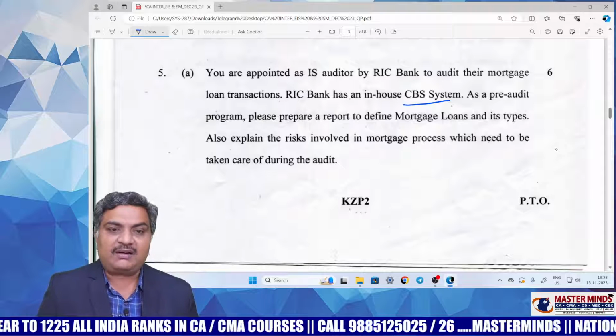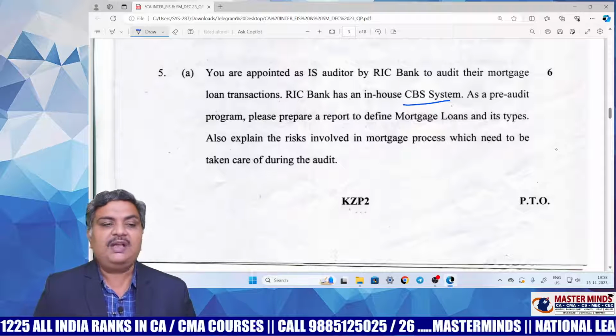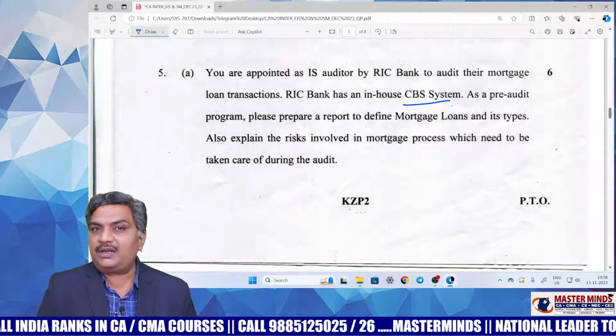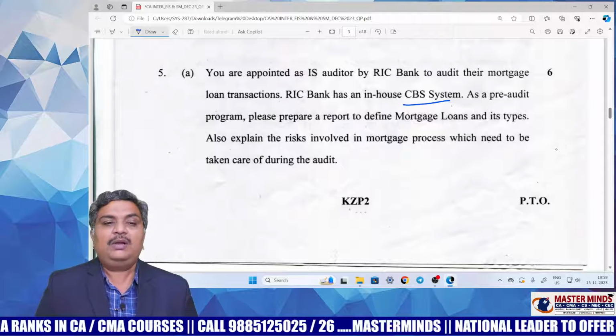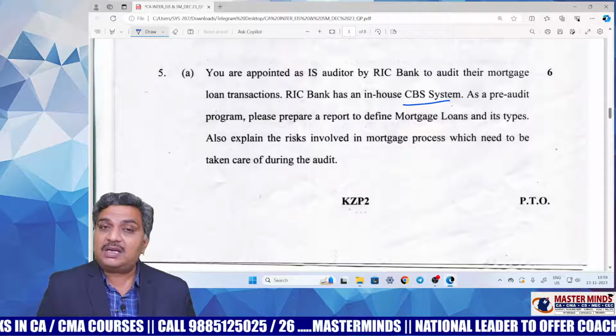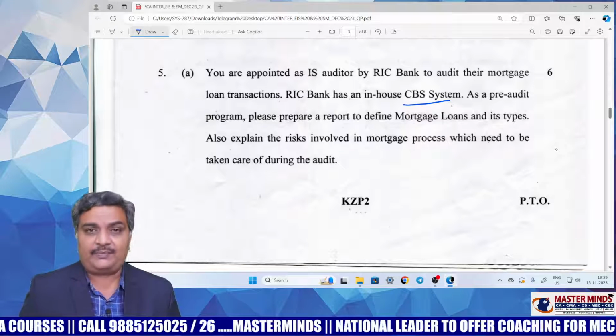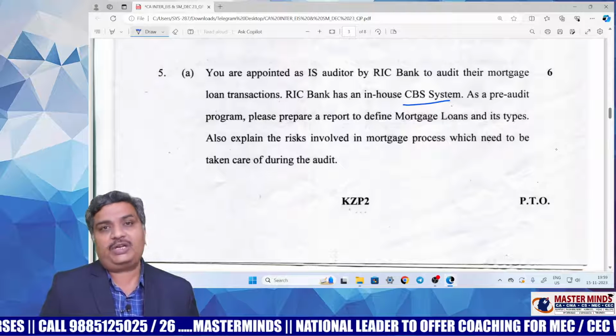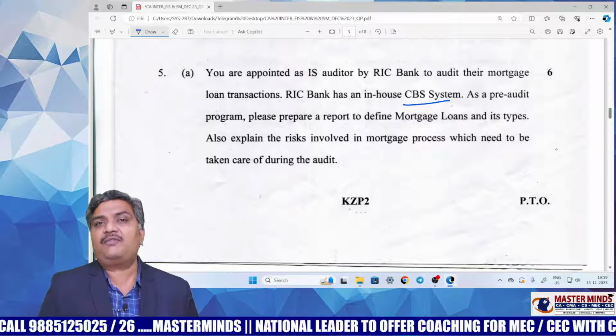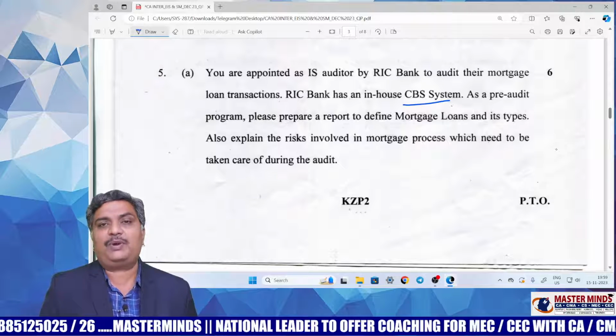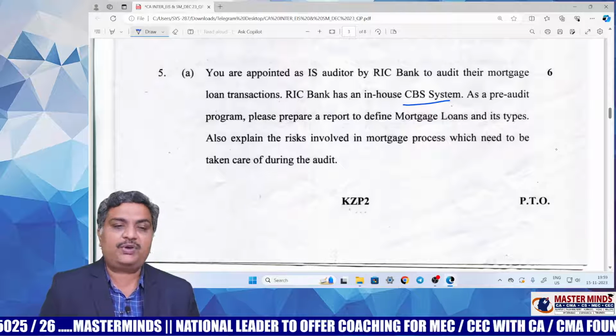Also explain the risks involved in the mortgage process which need to be taken care of during the audit. So yes, we have certain processes given for us in the chapter of core banking system. Among them, we have the mortgage process also. So we will have front office operations, back office operations. These all things you need to write for this question.